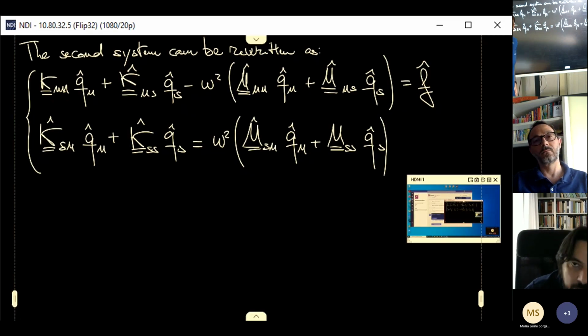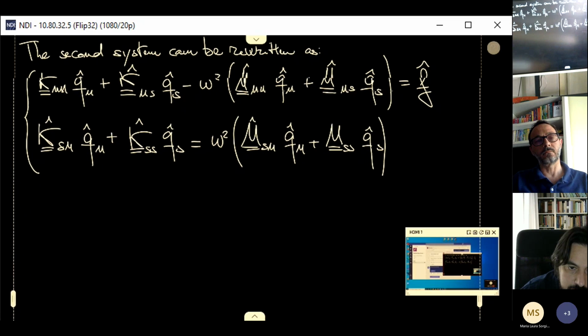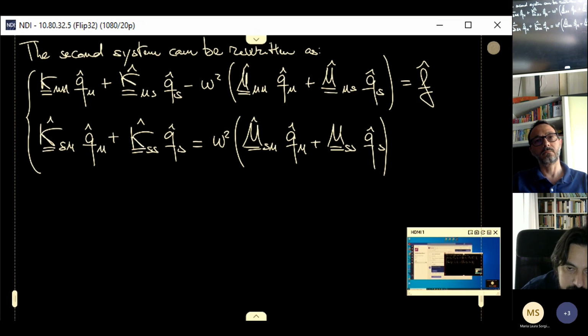What we do is resorting to this, and for the sake of clarity, we can enumerate these two equations. We can indicate this as A and this as B. So equation A and equation B, because we will make use of them quite often in the following.